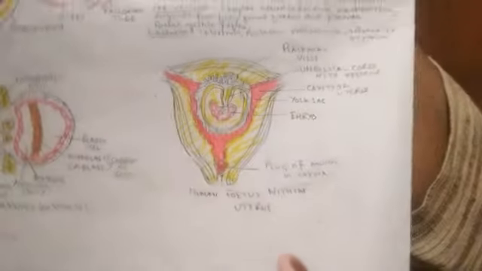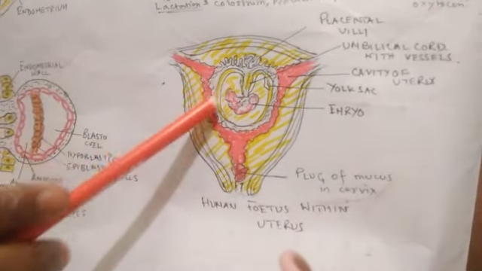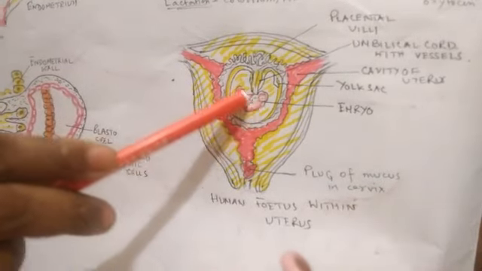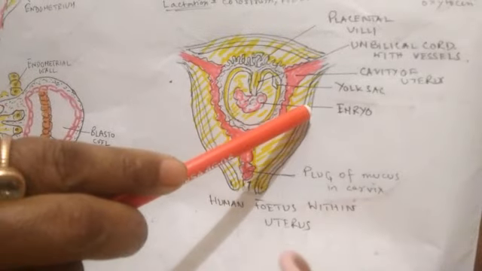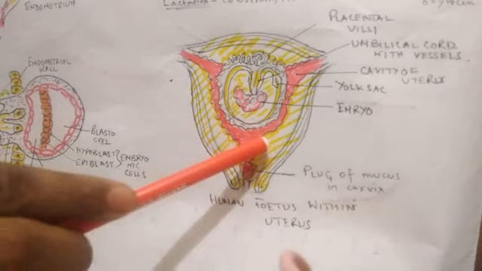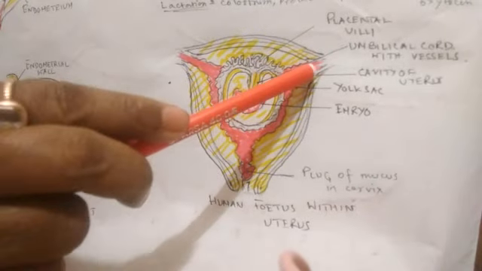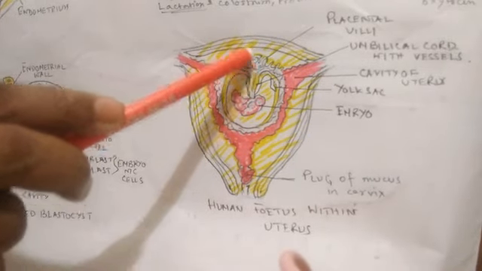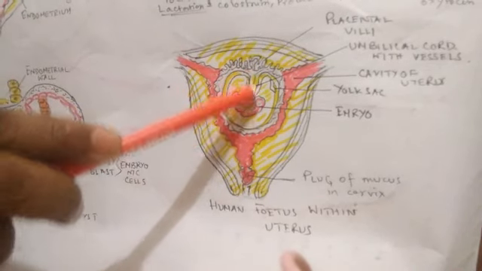And next, this is the developed fetus, and this is the uterus, this is the wall of the uterus, clear, and the endometrium, and this red portion is the cavity of the uterus, and these are the villi forming the placenta, decidua placentae. This is the umbilical cord.